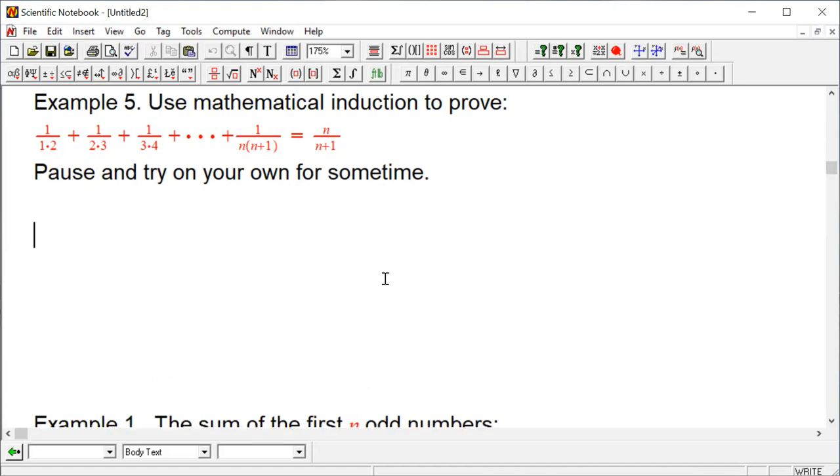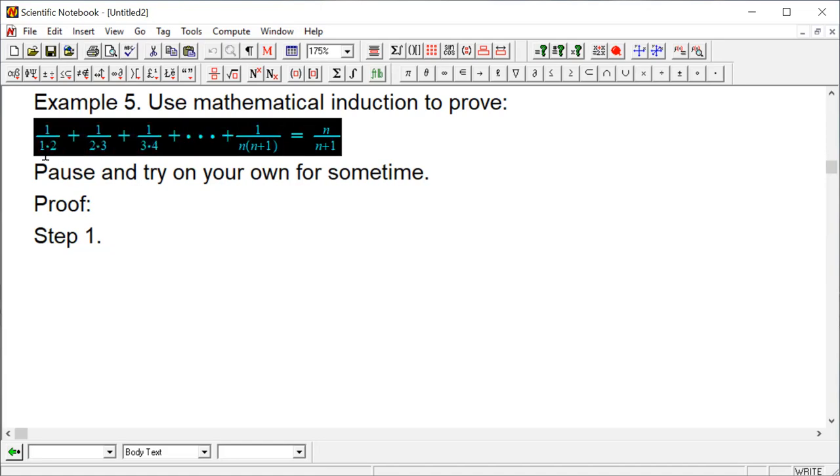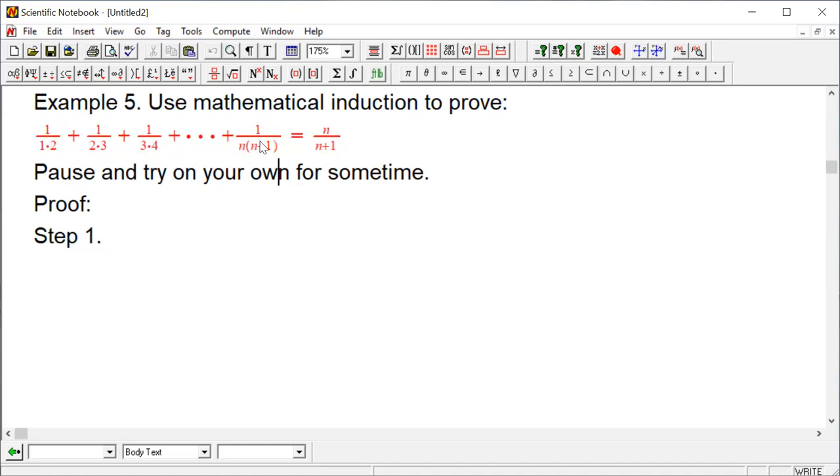Okay, so now let's go about the proof. We understand that this is a mathematical induction method. So for the proof, we have 2 steps. Step 1 is we're going to prove it is true for n equals 1. This statement says the left-hand side is equal to the right-hand side, right?